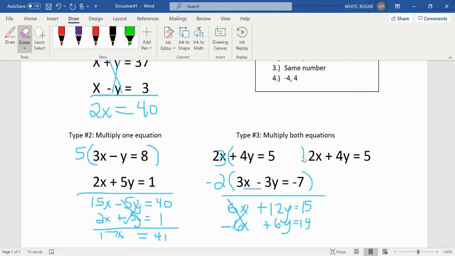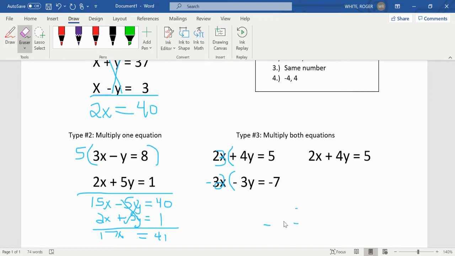And then I'm going to copy the bottom equation as well. And then we're going to do the same thing, but this time we're going to eliminate the y. I guess I could have just erased this. That's okay. All right, so let's just work on the original equation here.